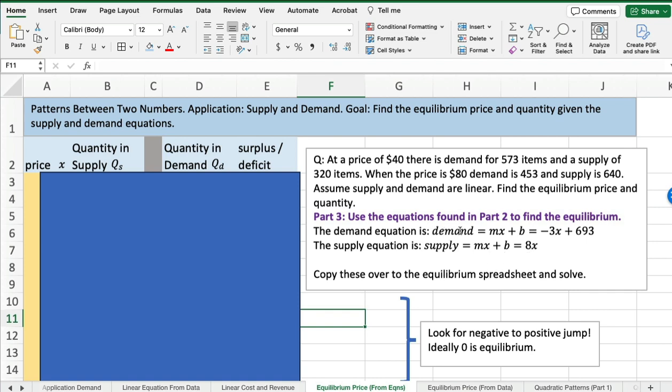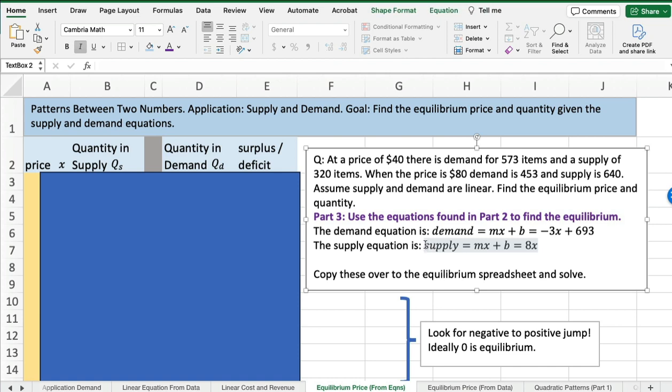So where you see the word demand here, that's capital Q subscript D. And where you see supply, that is capital Q subscript S. I hope I got them in the right columns. We'll see. But see if you can set up the columns just like we have here. This is from a previous video that we did on equilibrium, and just see how you do. And then come back.